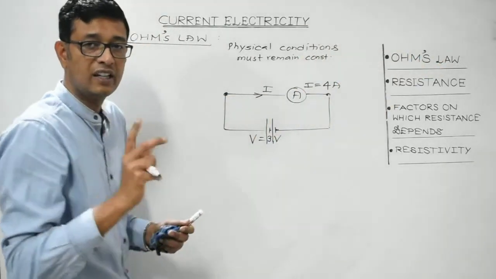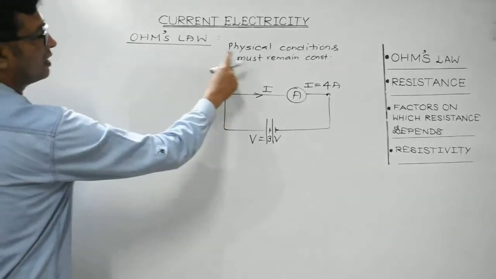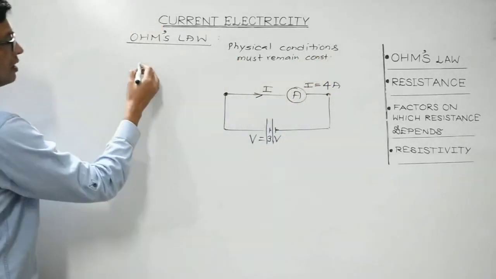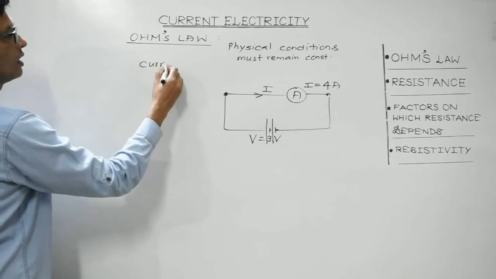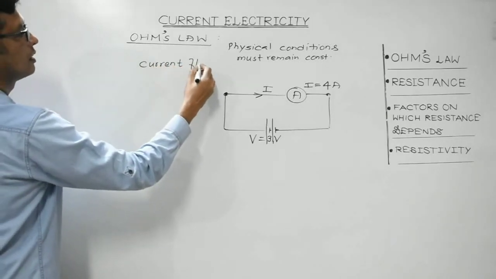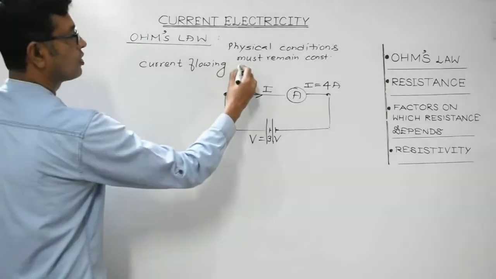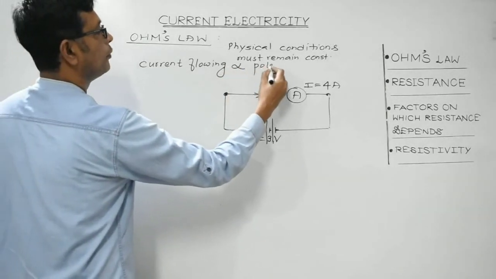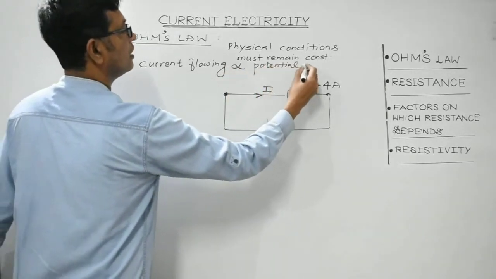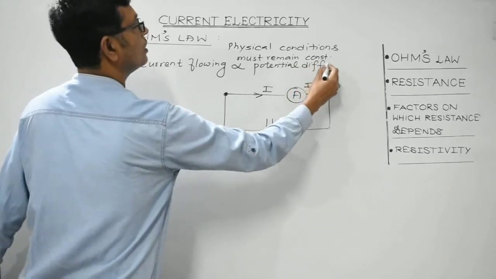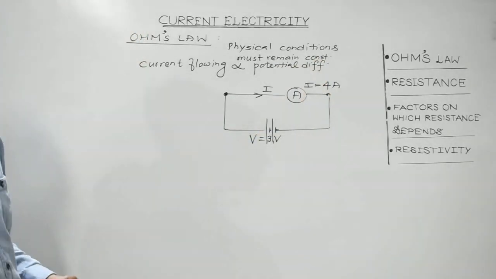Right? So again I repeat, physical conditions remaining constant, the current flowing through a conductor is directly proportional to the potential difference. Right?